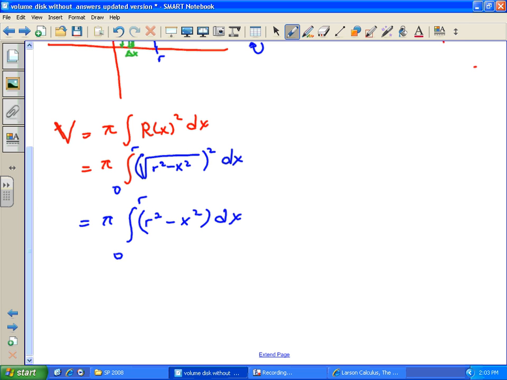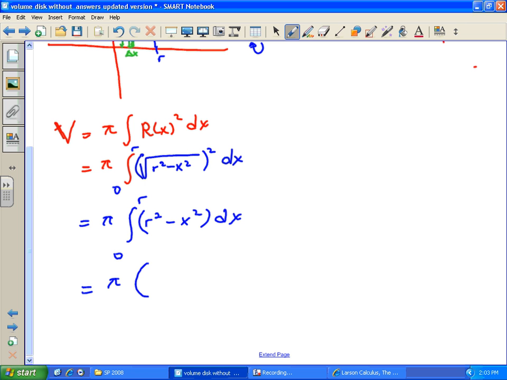Here's the interesting part. Remember, r squared is a constant. We don't know what the radius is, but no matter what it is, it's a fixed number. So think of r squared as 25. What is the integral of 25 with respect to x? 25x. So what is the integral of r squared with respect to x? r squared x.